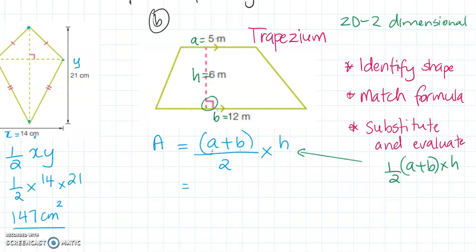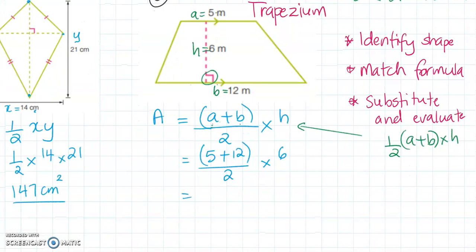Now that we've identified what each of those variables are, let's substitute. We've got A, which is 5, plus 12, divided by 2, multiplied by our height, which is 6. Then we just evaluate that on the calculator.